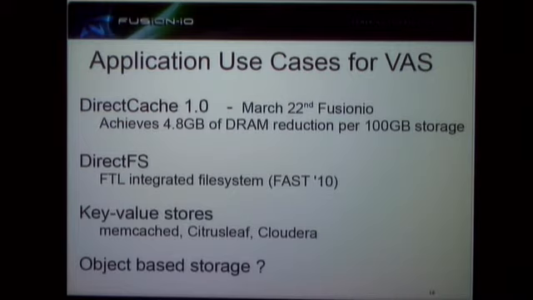Key value stores, which are a hot topic here, are potentially other things that could be integrated into the FTL. Depending on the object size and other things, there may be games that we have to play, and that's something we're actively working on. Object-based storage could certainly be implemented on top of this as well. The key here is to try and reduce those redundant mappings to save space going forward.